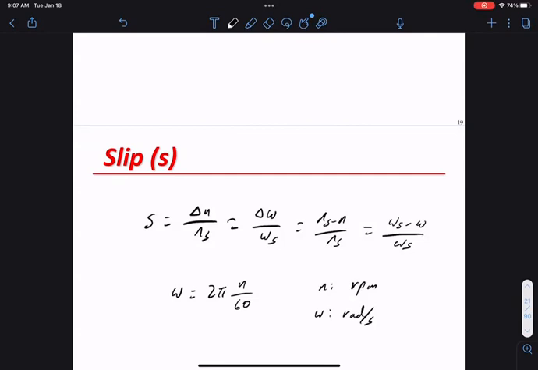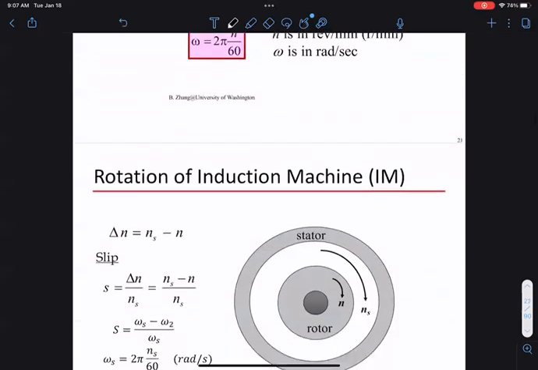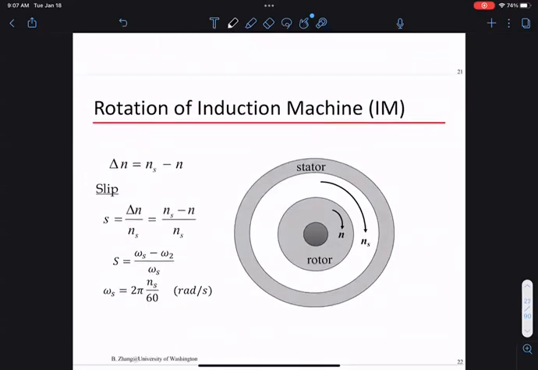All right, so we have slip. Now let's look at the motor again, drawing this. Always in the air gap, because the stator is connected to the external grid, there is always a synchronous frequency in the air gap. Your rotor is connected to the turbine and the gearbox, so it rotates at some speed.